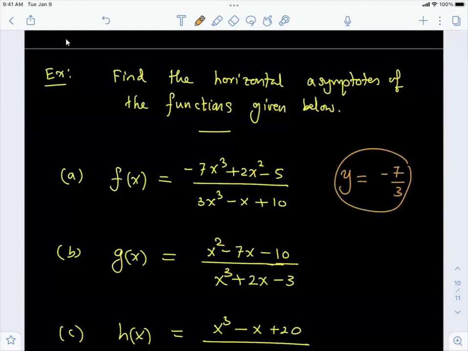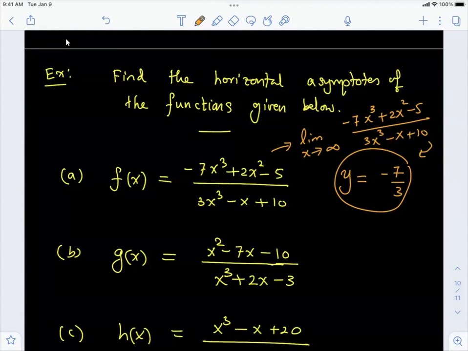The computation, if you're wondering what I did, my thought process to get to this answer is none other than the computation of the limit at positive infinity or even at negative infinity of this function. I'm going to do it in the same way, 3x cubed minus x plus 10. The work I need is dividing both the numerator and the denominator by the largest x term in the denominator, which is x cubed.